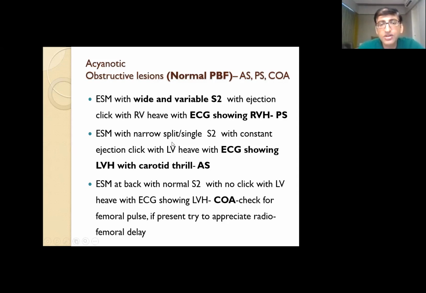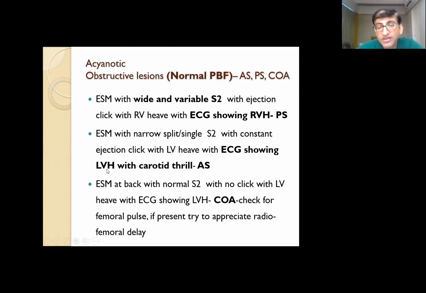But in aortic stenosis the second heart sound will be narrow, whereas in pulmonary stenosis it will be wide because P2 will be late. In aortic stenosis, A2 will be late, and hence it will come closer to P2. In pulmonary stenosis, the ECG will show right ventricular hypertrophy, and in aortic stenosis, the ECG will show left ventricular hypertrophy.